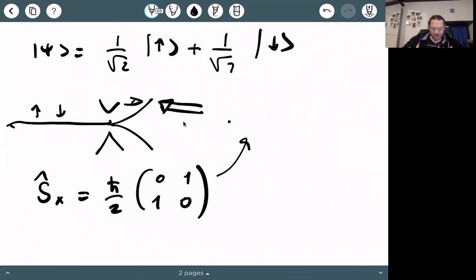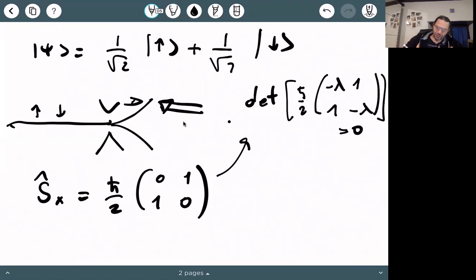Well, to find out, I have to compute the secular determinant. I get the determinant of h bar half times the matrix with negative lambda, 1, 1, negative lambda, equals 0, which means lambda squared minus 1 equals 0, and therefore lambda can be plus and minus 1.